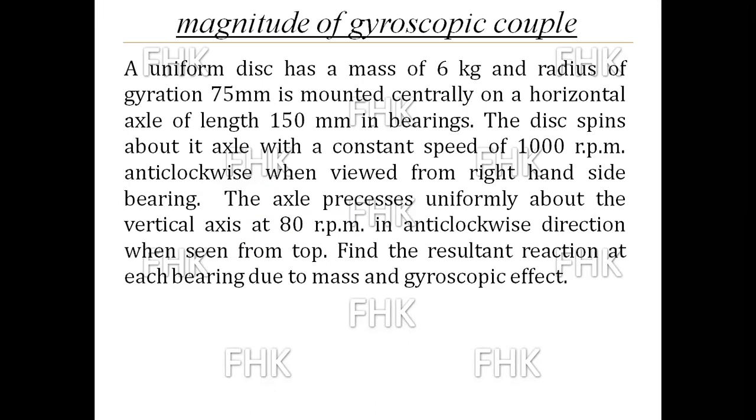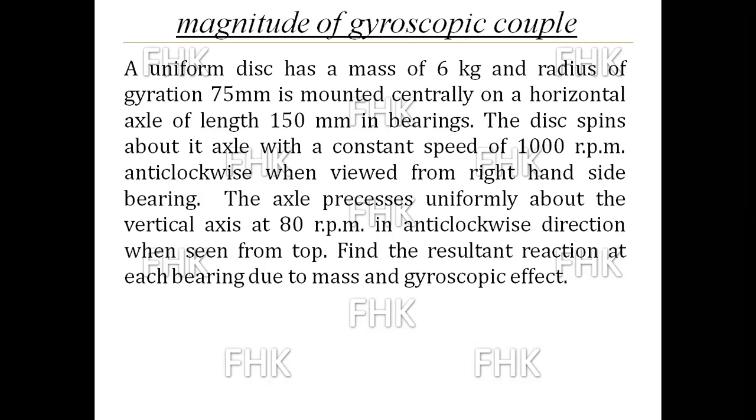I read the problem statement. A uniform disc has a mass of 6 kg and a radius of gyration 75 mm. It is mounted centrally on a horizontal axle of length 150 mm in bearings.